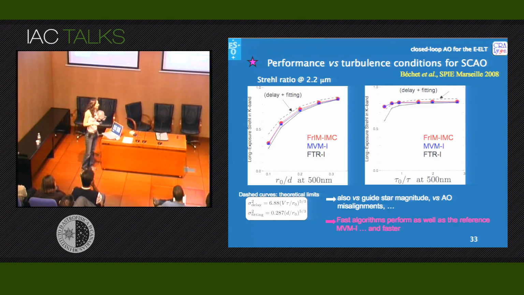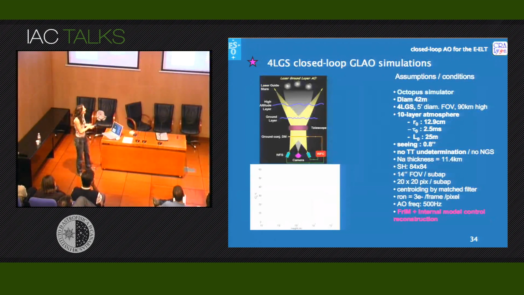In a GLAO system, what is important is the repartition of the turbulence in altitude, because since you just correct for the altitude close to the telescope, it has a strong impact on the performance. Here is the profile of the turbulence in altitude.